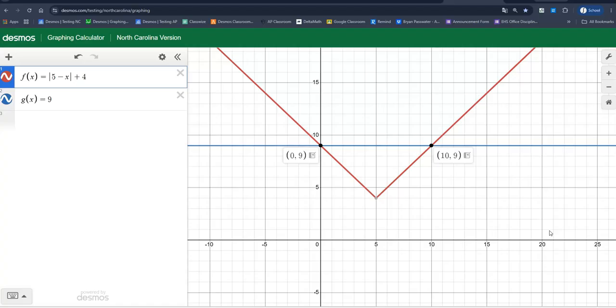This is like a greater than, less than, kind of works, you know. But this is an or problem. Or problems look like this because you want this or this, right?